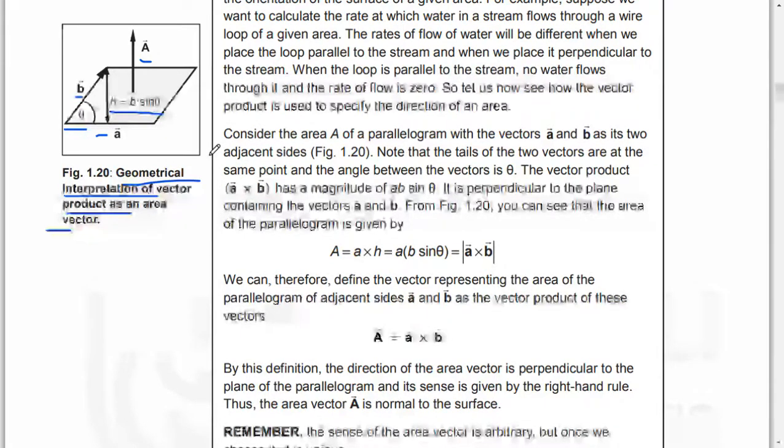Consider the area of the parallelogram with the vectors A and B as its two adjacent sides. Note that the tails of the two vectors are at the same point and the angle between the vectors is theta. The vector product A cross B has a magnitude of AB sine theta, perpendicular to the plane containing the vectors A and B. From the figure, you can see that the area of the parallelogram is given by A equal to A times h, equal to AB sine theta, equal to the magnitude of A cross B.